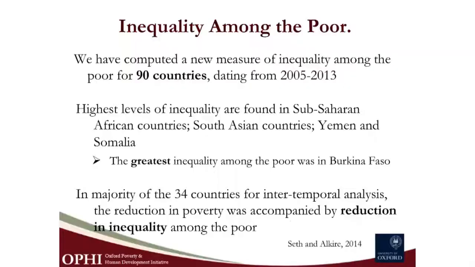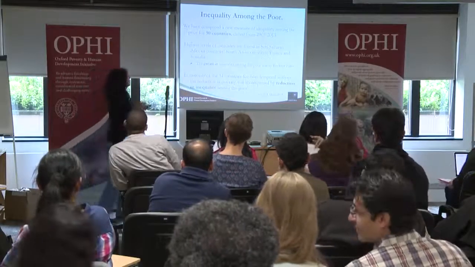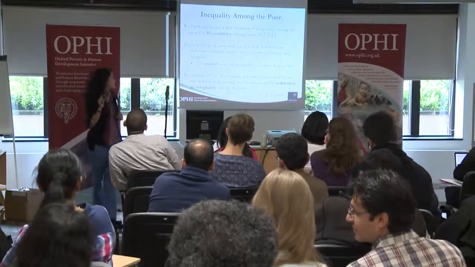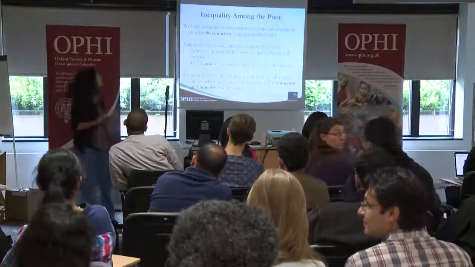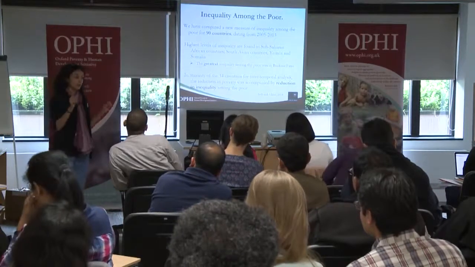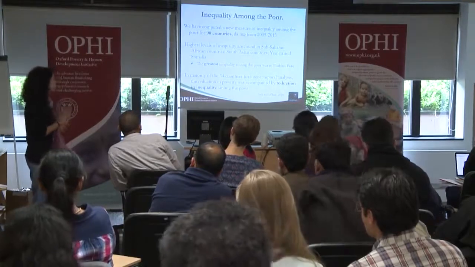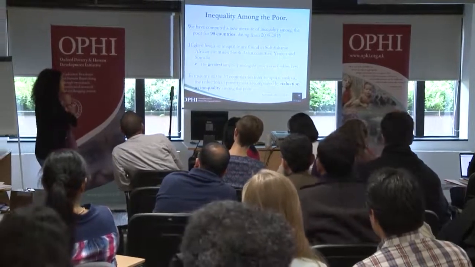So as I was saying, Schumann looked at the inequality. He started to look at the inequality among the poor. So they computed a new measure of inequality among the poor for 90 countries with data from 2005 to 2013. The highest levels of inequality among the poor are found in sub-Saharan African countries, South Asia, Yemen, and Somalia.